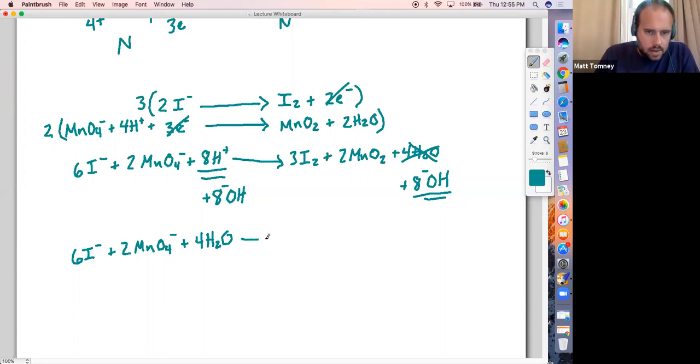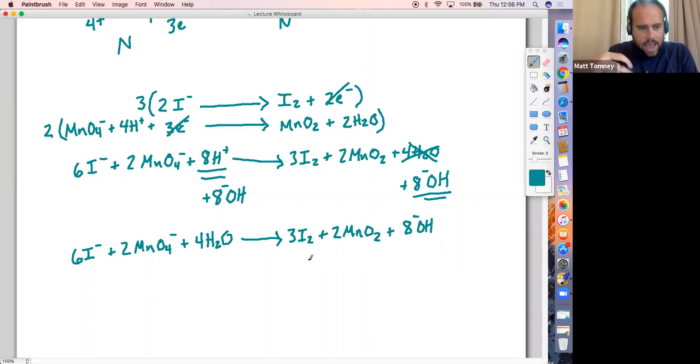All right, so then moving forward, I still have the 3 molecular iodine. I have the 2 manganese oxide. And now I would have 8 hydroxide ions. And so you can see, if you take a look at this, I still have the manganese and the iodine, which were the original oxidation reduction material.